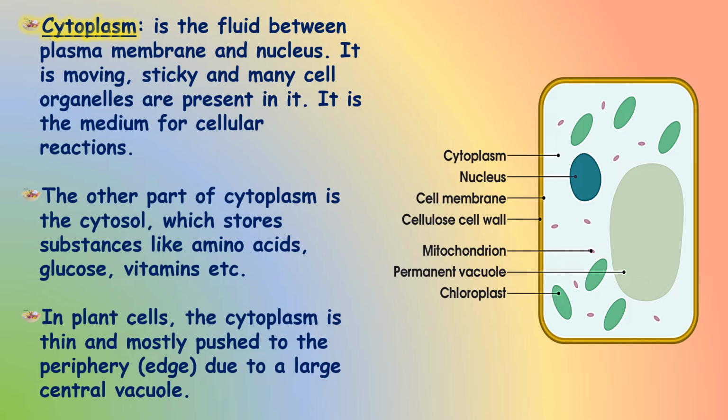So look at this largest structure in the plant cell, the vacuole. And because of this big vacuole, you find the nucleus pushed to the side and all the cytoplasm also pushed towards the sides of the cell.